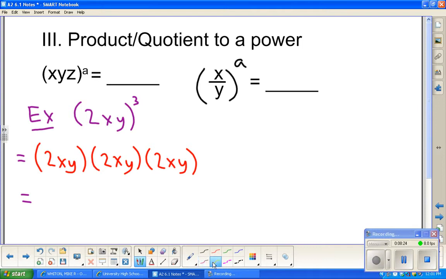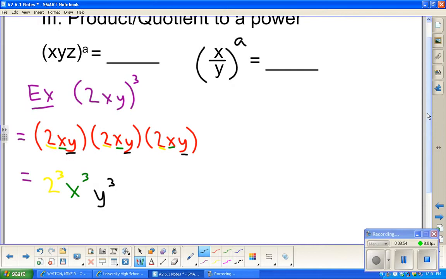Didn't we have 2 to the third power, which we know was 8, but just to show the step. And then we had x to the third power. And then finally y to the third power. Which again, of course, we would simplify if you know the value. If it's a number and you can expand it out, 2 to the third is going to be 8.